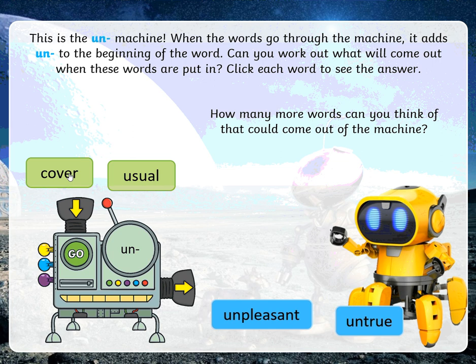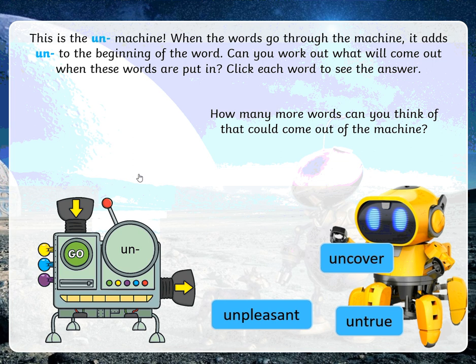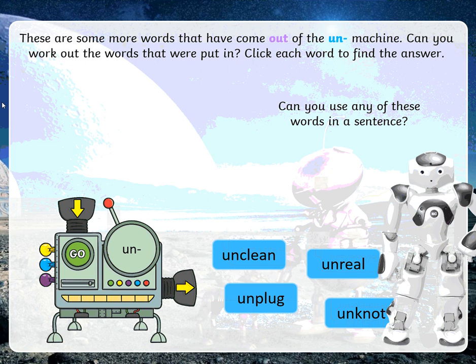Cover goes through the machine and comes out as uncover. And then the last one, usual, goes through the machine. Did you just get a code? And comes out unusual.